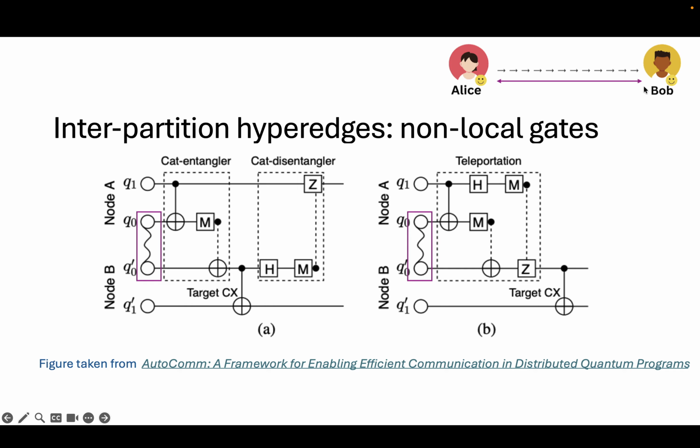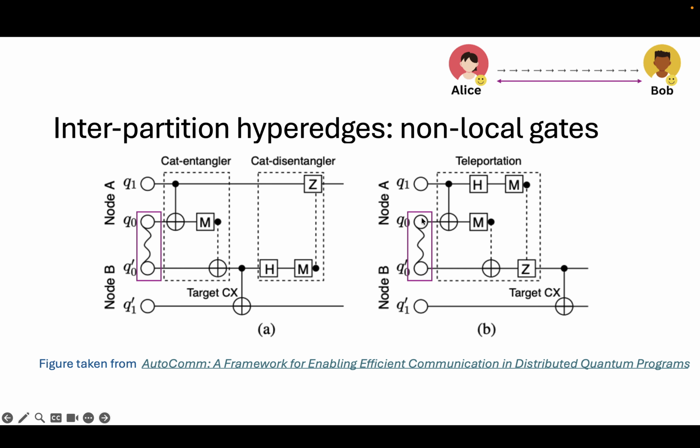And the way in which they're going to perform a non-local gate, so in this image you see examples of CNOTs being implemented, non-local CNOTs being implemented, they're going to both have some device qubits that they will utilize as, let's say, the original target and control qubits, and then they will have some sort of communication qubits that will be entangled.